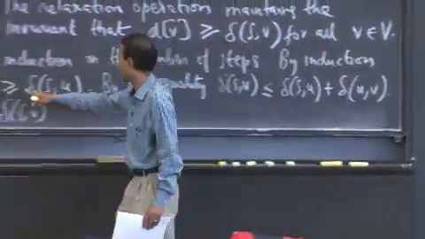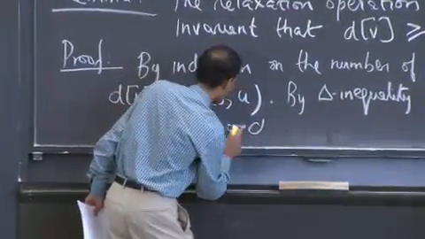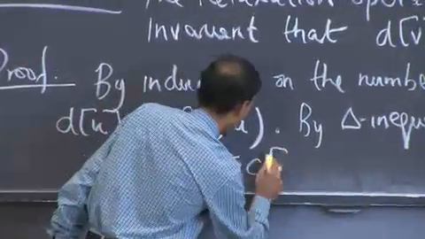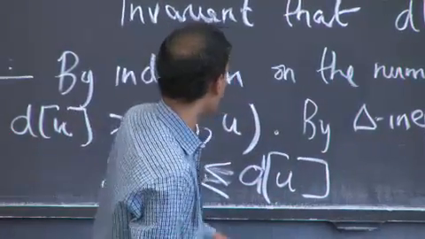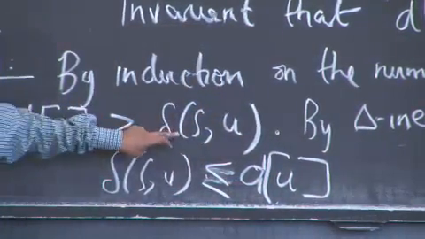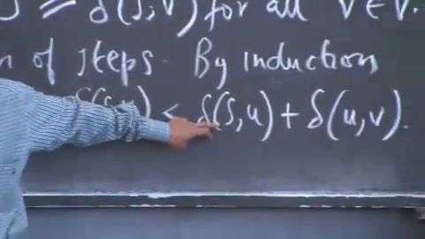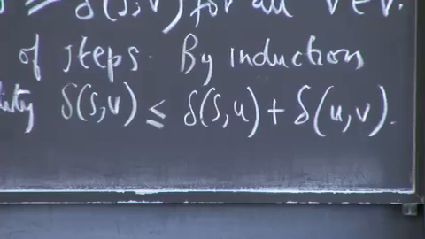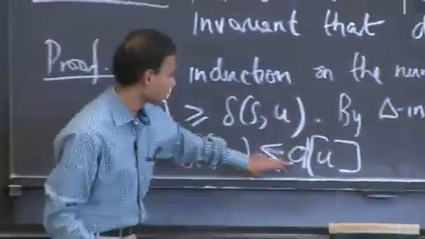So the first thing is I could put d of u over here, right? Sorry, less than or equal to d of u. And the reason I can do that is because d of u is greater than delta s comma u, so that's cool, right? Sorry, delta, thank you. Delta s comma u. And so that's what I got here.